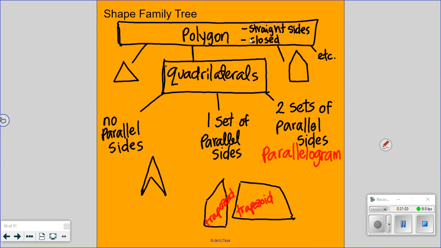I'm not asking for a parallelogram that's also a rectangle. I want just parallelogram. If you're not sure, look in your notebook. I'm loving people looking back and making sure they know how to do it. Emma, you think you got it? Do it right underneath the word parallelogram, please.